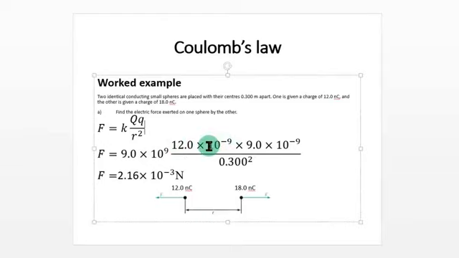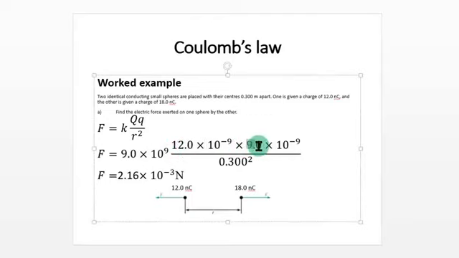When we say nano, it is 10 to the power negative 9. Micro will be 10 to the power negative 6. Milli will be 10 to the power negative 3. Okay, so when we say nanocoulomb, then we are talking about 10 to the power negative 9. So the first charge is 12.0 times 10 to the power negative 9.